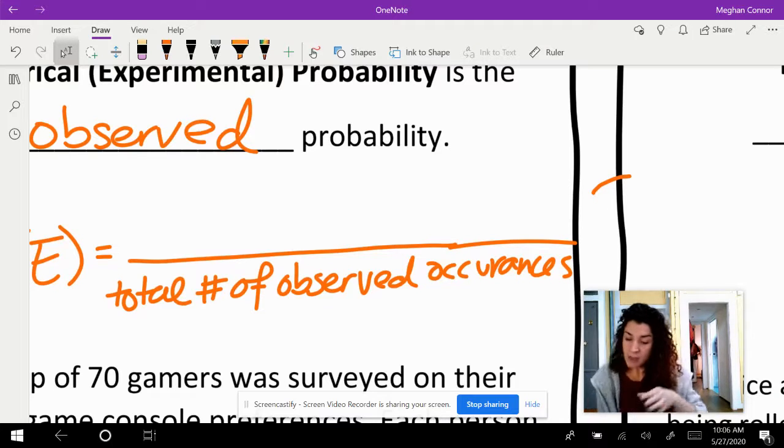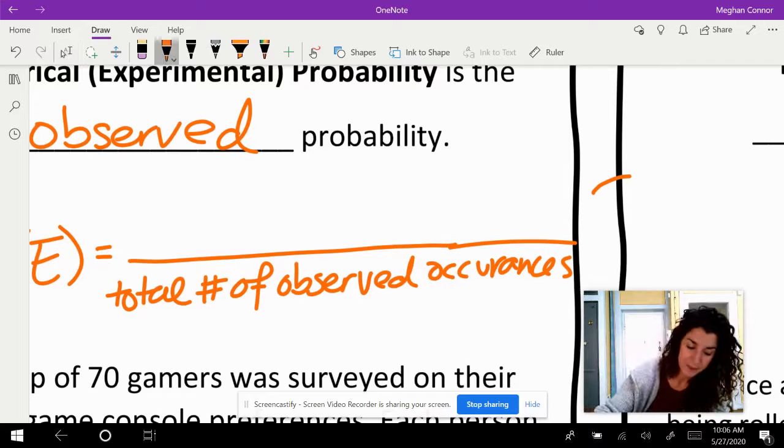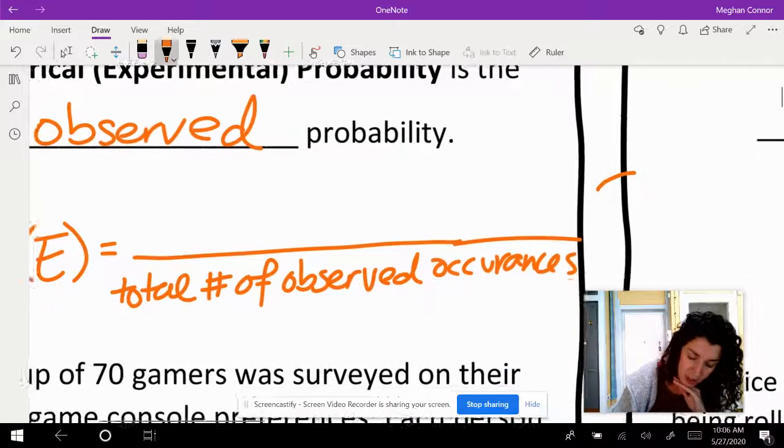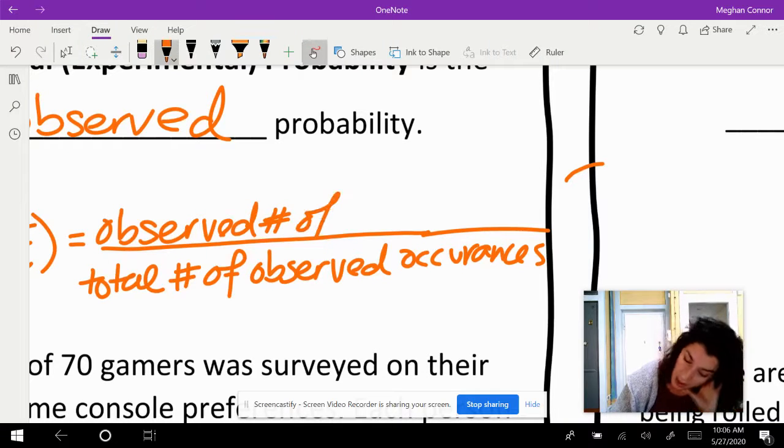And then on top, we're talking about the total number of times we've seen E happen, so the total observed number of E occurrences.